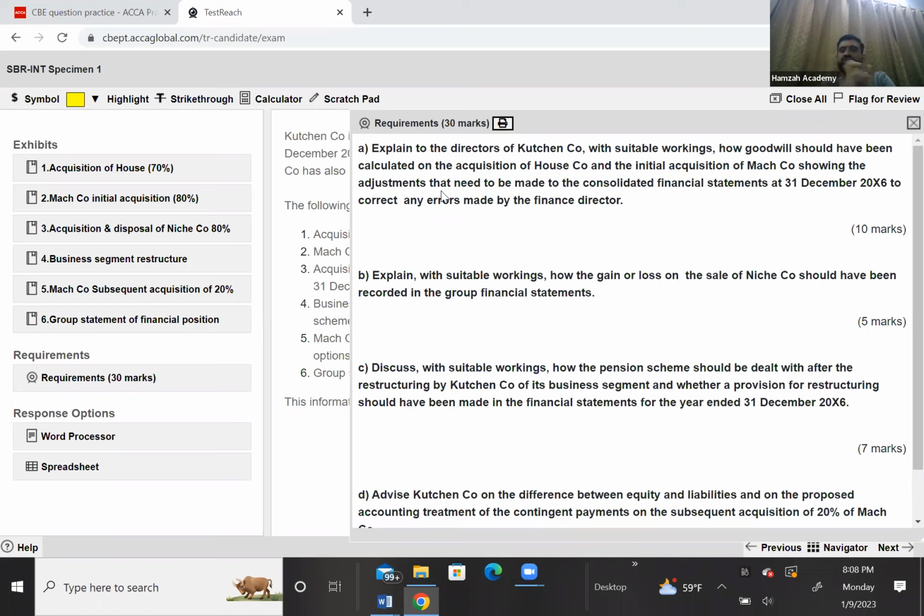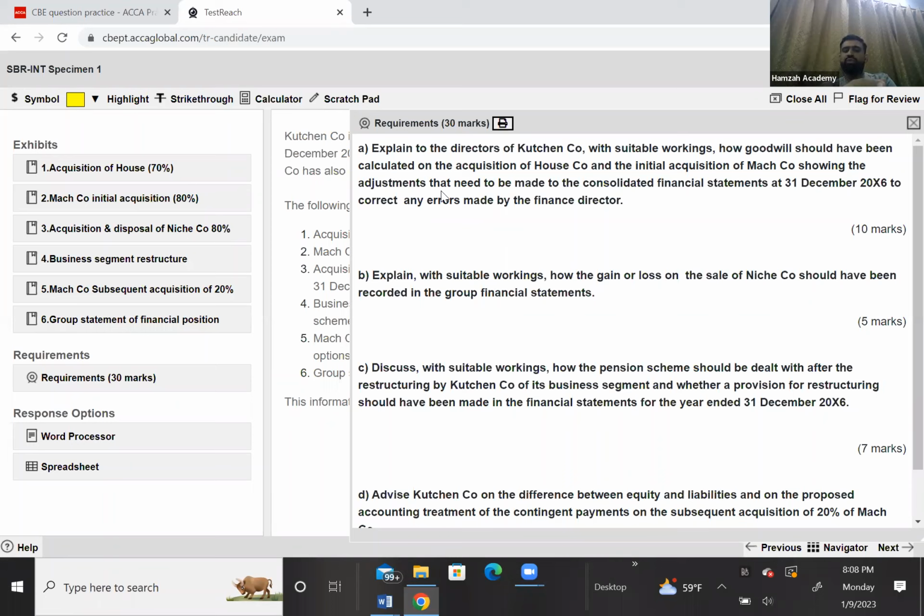But here: explain to the director of the company, with suitable workings, how goodwill should have been calculated on acquisition of House company and initial acquisition of MAC company, showing the adjustments that need to be made to the consolidated financial statements as at 31st December X6 to correct any error made by the finance director.